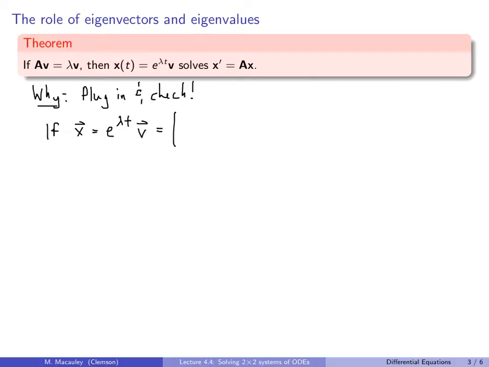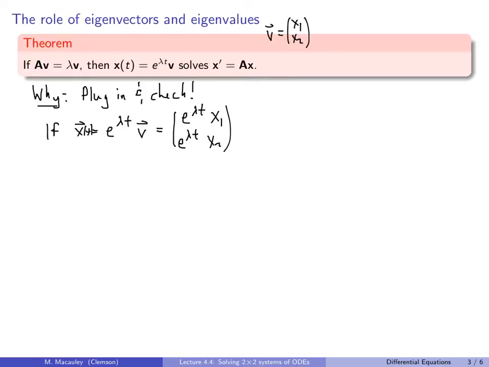The top entry is going to be e to the lambda t times some number x1, and the bottom entry is e to the lambda t times x2. Here I'm assuming that v is just a vector. Let's call it x1, x2. So this is x of t.